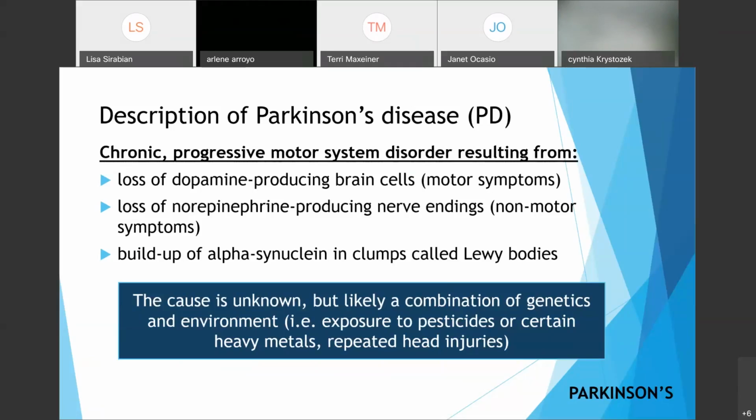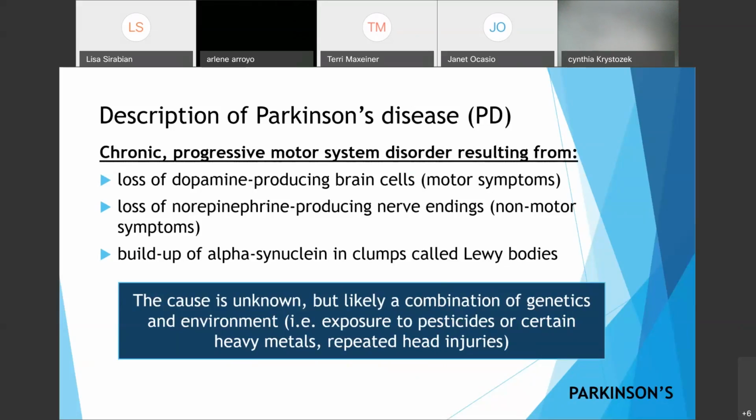But there's also non-motor symptoms, and that has to do with a different neurotransmitter called norepinephrine. So there's a lack of norepinephrine as well, and that contributes to non-motor symptoms, and we'll talk about that. And finally, there's a third component of this Parkinson's disease, and that has to do with the protein alpha-synuclein.